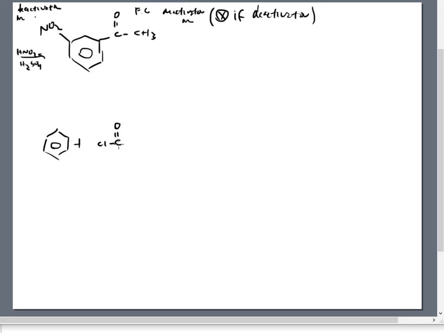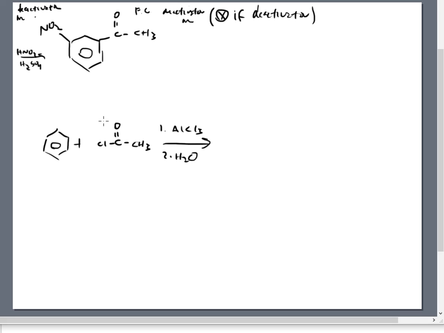Because if I do the nitro group first and I bring that group onto the ring, that group will deactivate the ring and it will make it very stubborn, and I will not be able to add the acyl group onto it in the second step. We already said that. Deactivators make the ring less reactive. The Friedel-Crafts was already pretty stubborn, and we just don't get products when that happens.